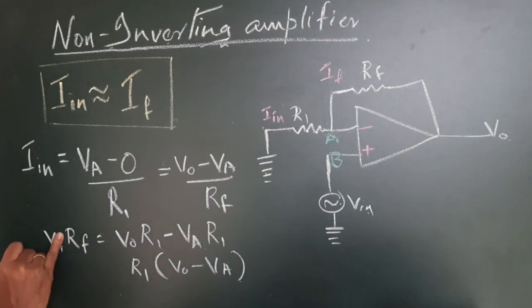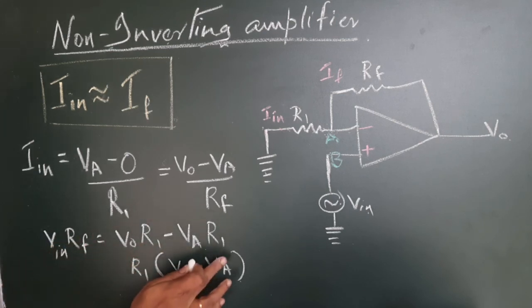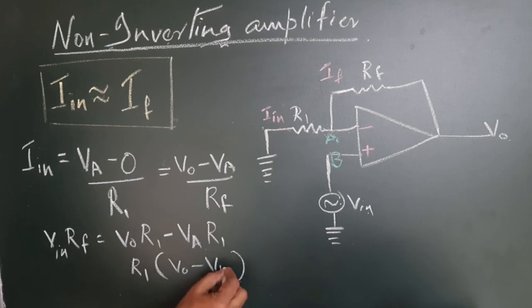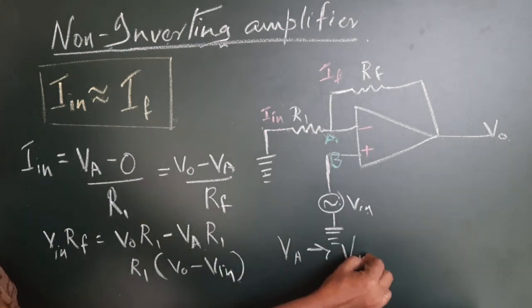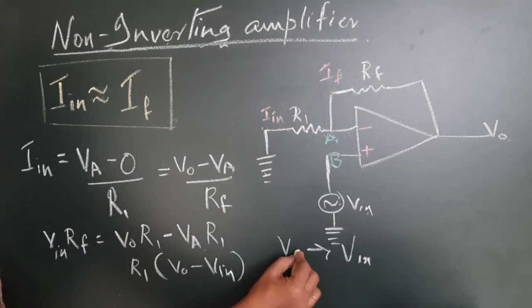So I will replace VA with V in, because VA is nothing but V in by the concept of virtual ground.